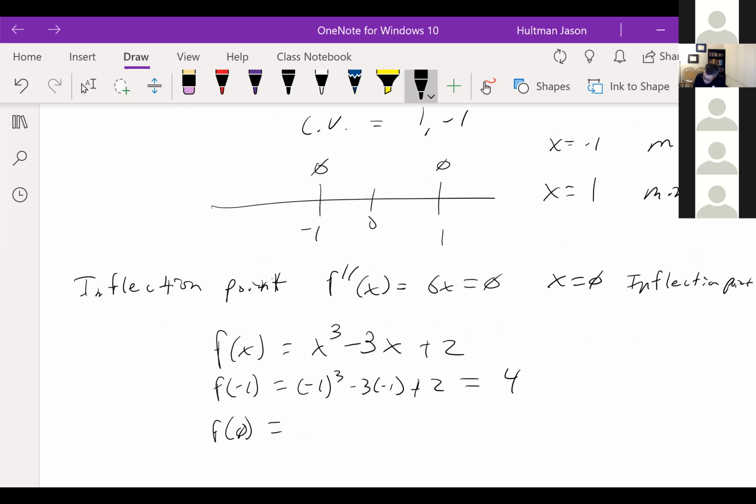Well, that's going to be 0 cubed minus 3 times 0 plus 2, which is 2.